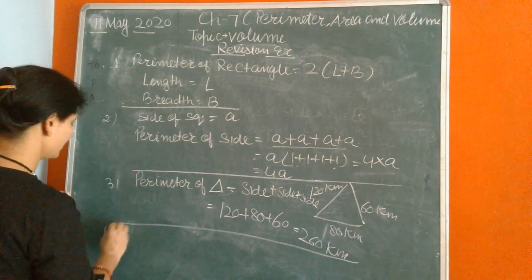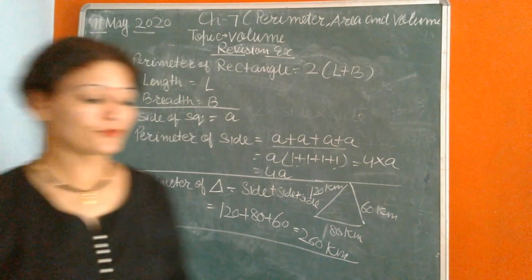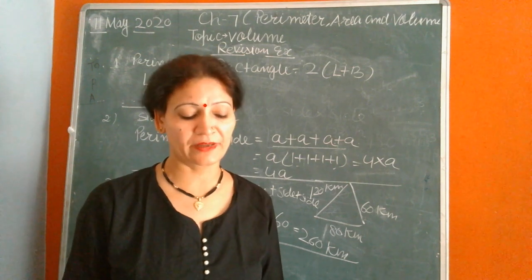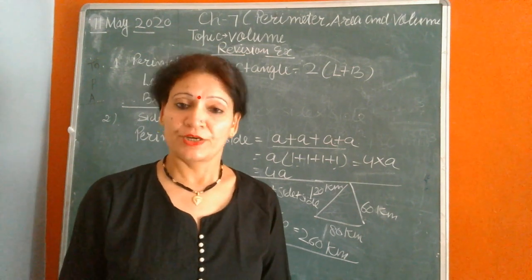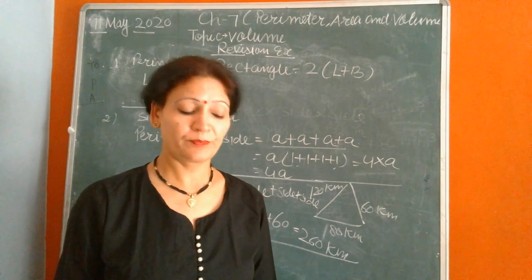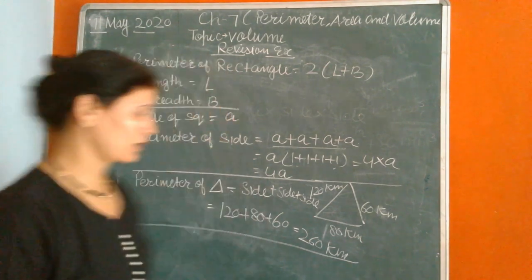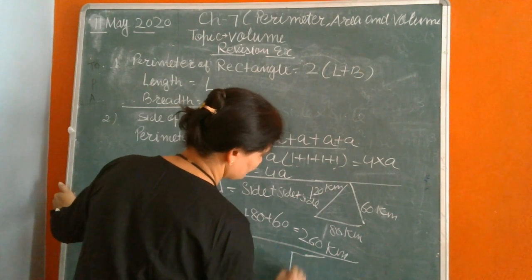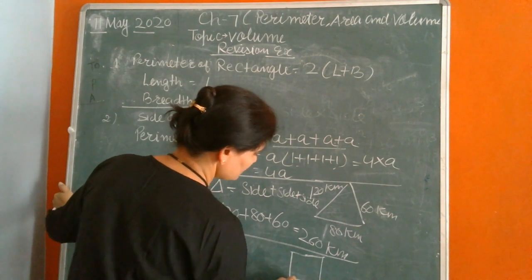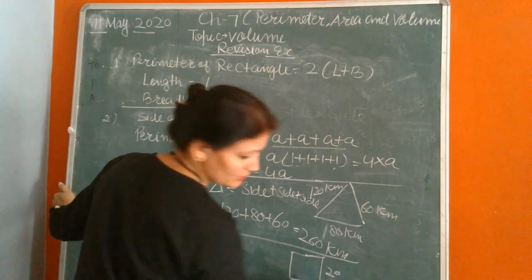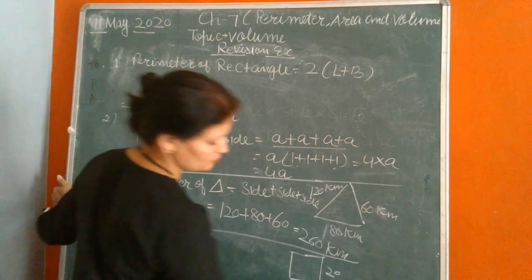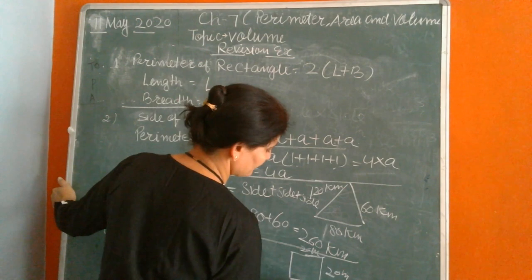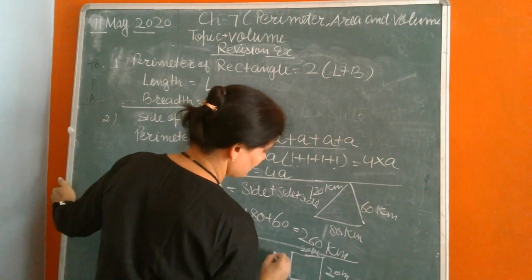Now question 4: find the perimeter of a square classroom whose side is 20 meter. If one side of the square is given, all sides will be equal.